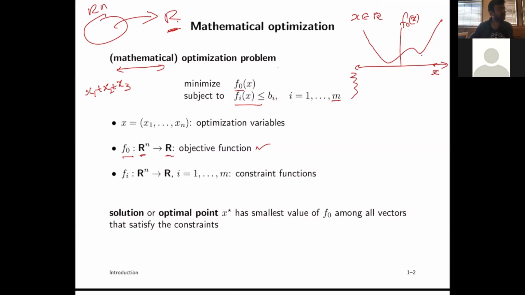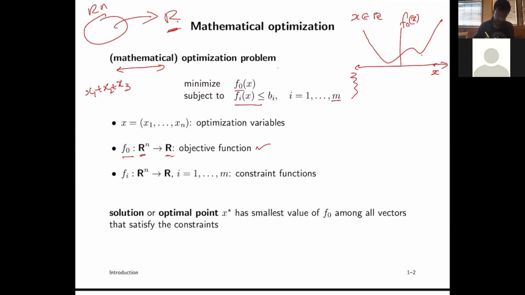So here what we are doing is mapping n-dimensional values to a real value, that is, one dimensional. The problem is, if you are mapping from, for example, 3-dimensional or 10-dimensional to 5-dimensional, how do you minimize this? Now you have a vector with 5 dimensions. How do you minimize? So that's the thing.